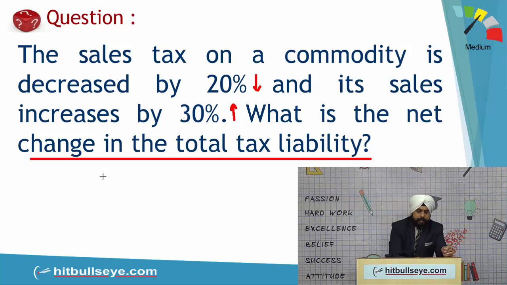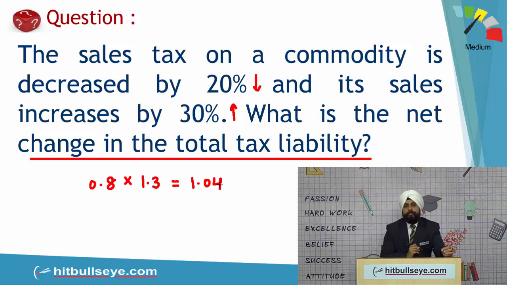Sales tax decreases by 20% means what you are left with is 0.8 now, and its sales increases by 30% means it becomes 1.3 times. Now 1.3 into 0.8, the net result is 1.04. So our answer becomes, it is 4% increase. Right, students? Let's go to the next question.